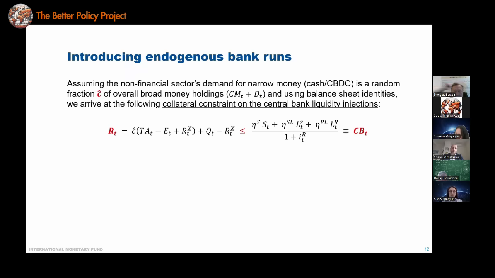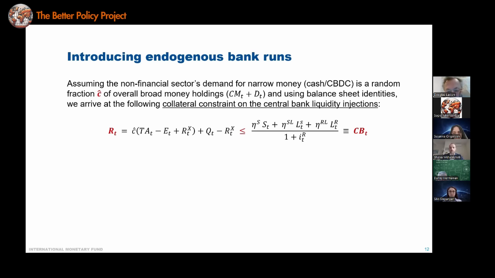But when this uncertainty is resolved, when depositors decide to withdraw their money from this bank, then this particular bank will need to find some wholesale funding to satisfy these deposit outflows. The way they do this at the systemic level, at the banking system level, is that they would need to borrow from the central bank.